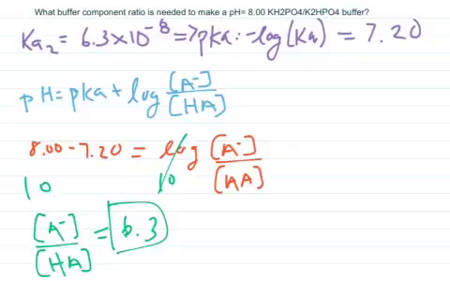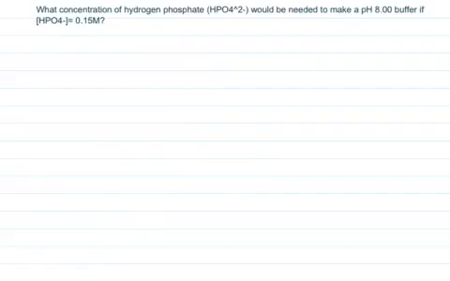Now let's do another example. What concentration of hydrogen phosphate, HPO4 2 minus, would be needed to make a pH 8.0 buffer if we have 0.15 molar H2PO4 minus?